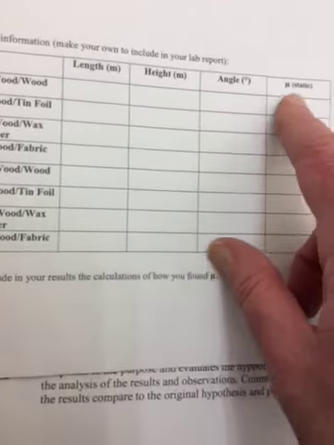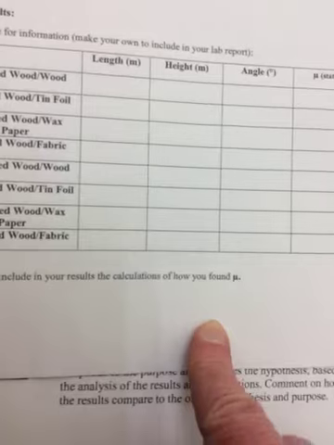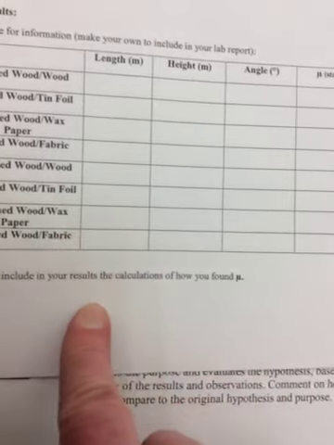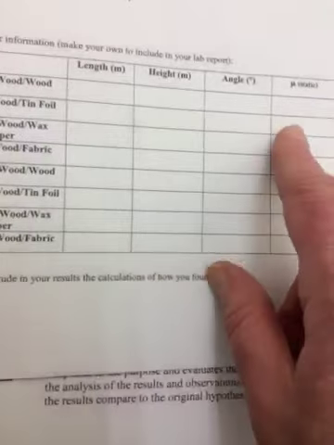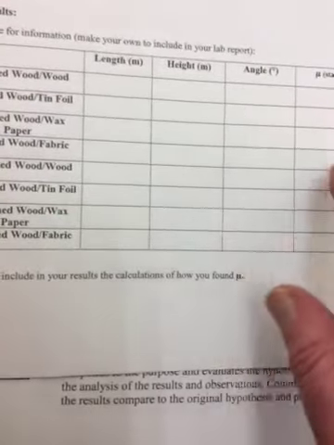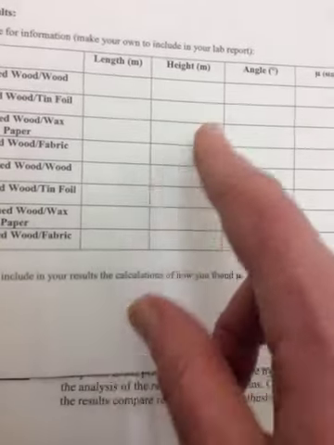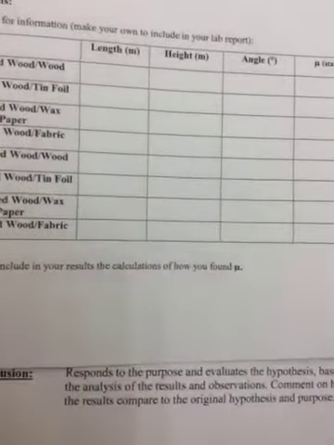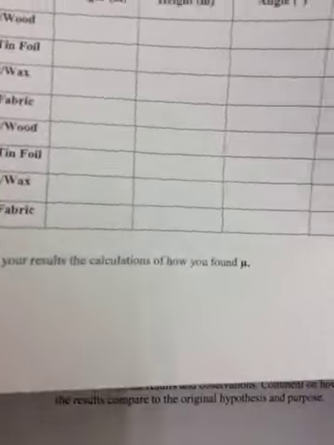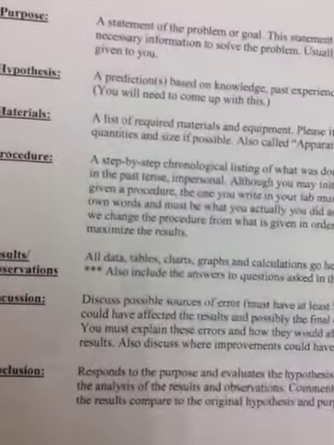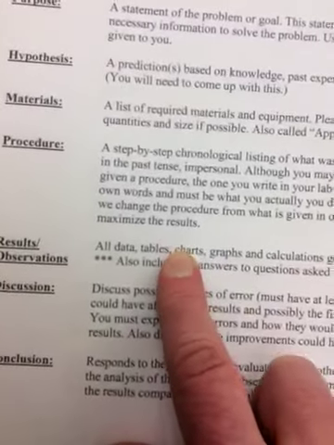But then to get mu, you're going to have to do sum of the forces. So go through the steps: sum of the forces in the y, sum of the forces in the x, get to the spot where you can find mu, and do it for one of them. Fill in your numbers for one of them, and then you don't have to show me all the rest. You can just use your calculator to do the others. But I do want to see one complete one. Okay, so that's for the results.